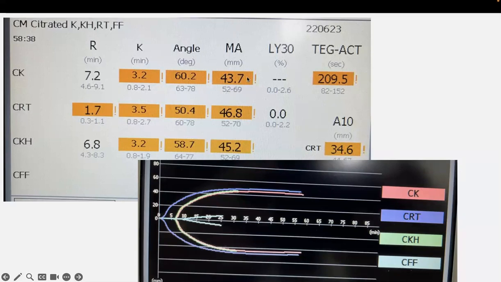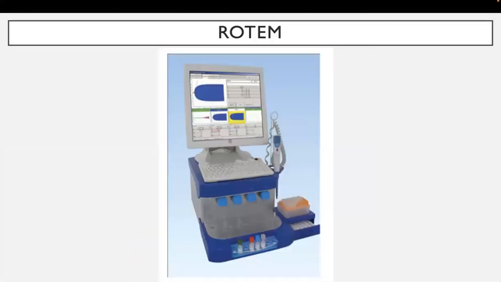And there was definitely a need to give this patient some platelets, as we did, as evident by the shortened maximum amplitude. However, we didn't wait long enough to get our lysis 30, that's why you won't see that value there. But the patient did clot eventually. He stopped bleeding. Okay, so that is how you interpret a TEG.